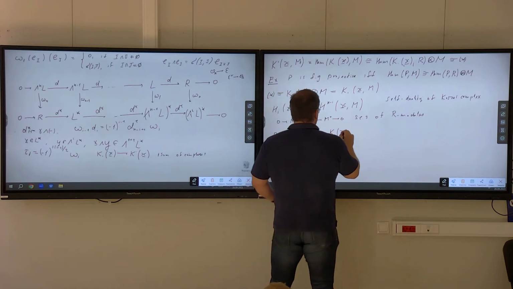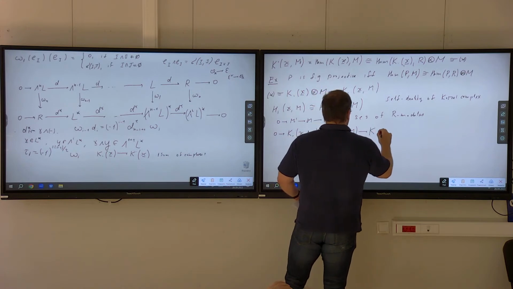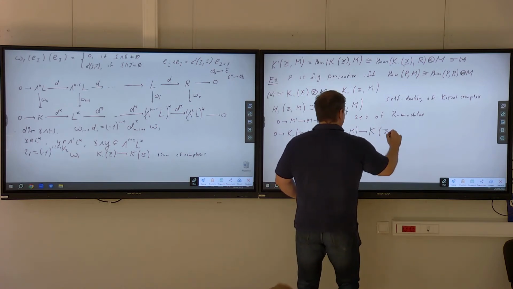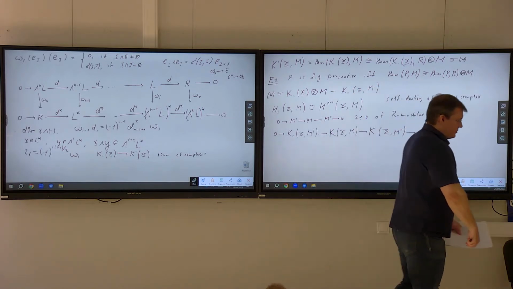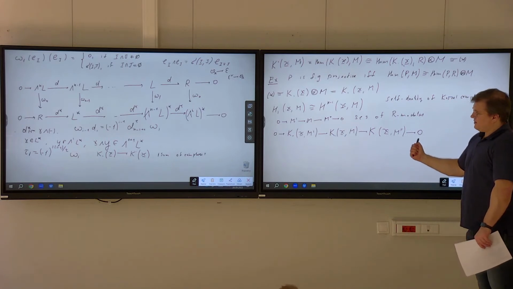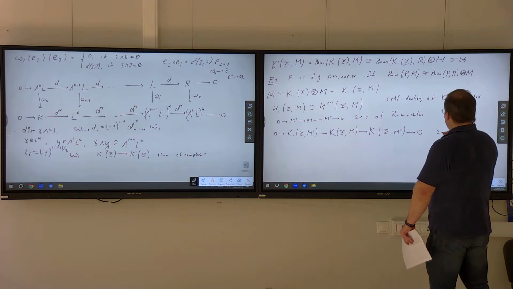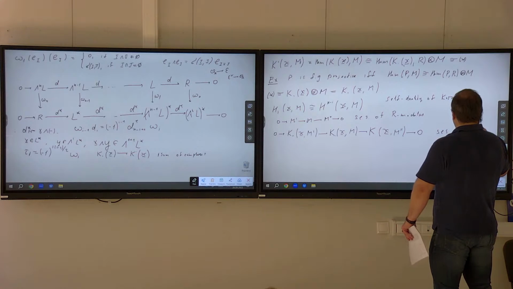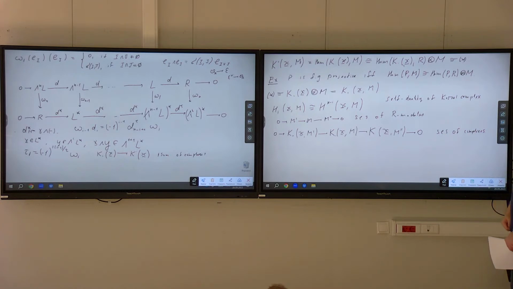So one more tautological property. Okay, question: why is this exact? So this is a short exact sequence of complexes. Again, we need something from the Koszul complex. It won't be true for any complex.